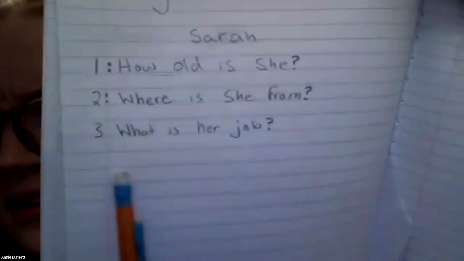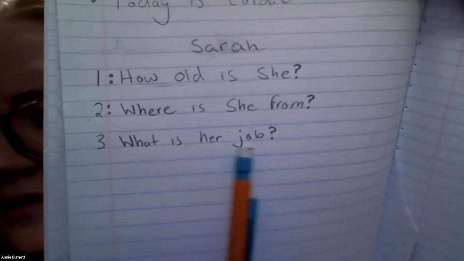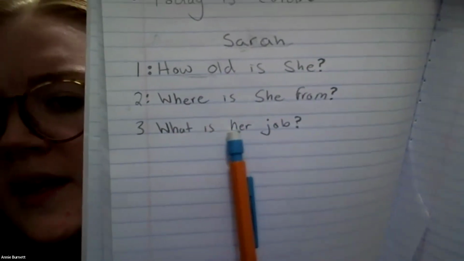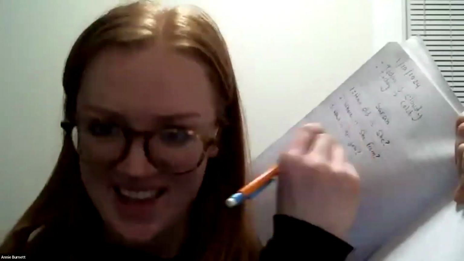Number 3, what is her job? Okay. So we're going to listen to the whole video. I want you to listen and write the answers. Okay. Are you ready? Here we go.